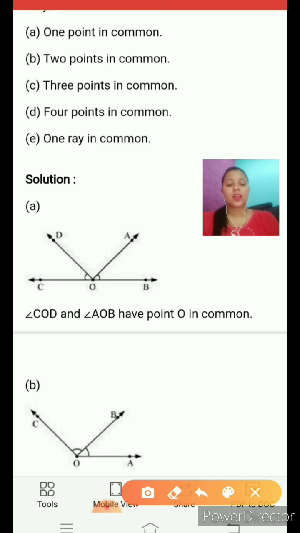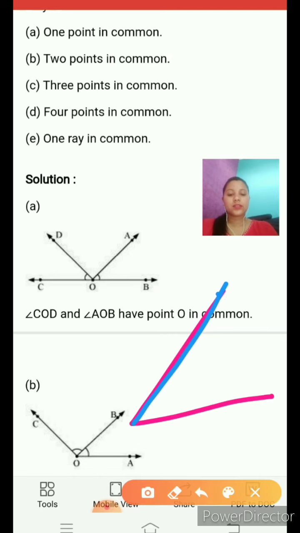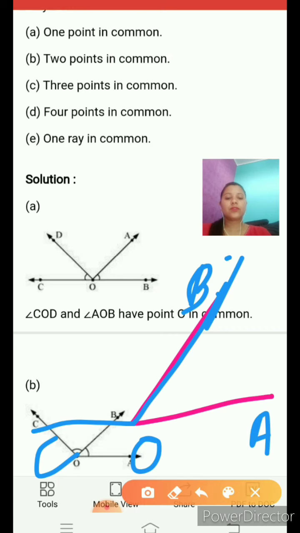You can draw it like that also. First angle, second angle, it is A, O, B, C, and this one is a ray. So they are sharing one common ray, and that is OB.